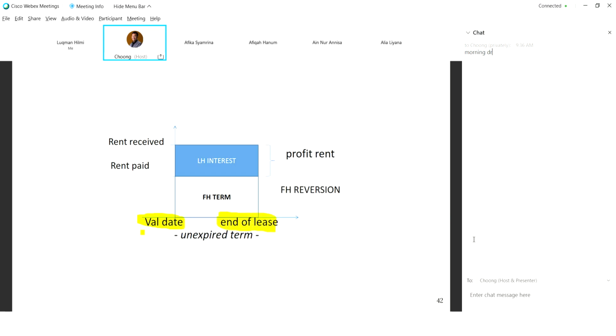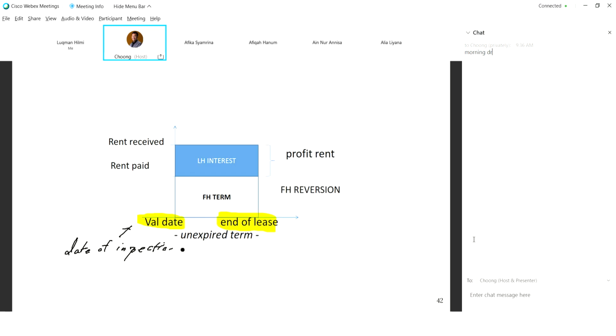This is valuation. The valuation date is the date of inspection. To put it in simple words, this is your date of inspection. Kalau you buat valuation, you perlulah pergi untuk buat inspection di property tersebut.